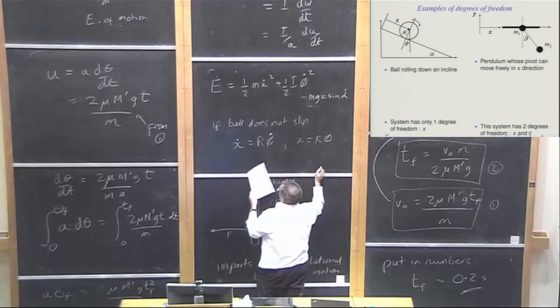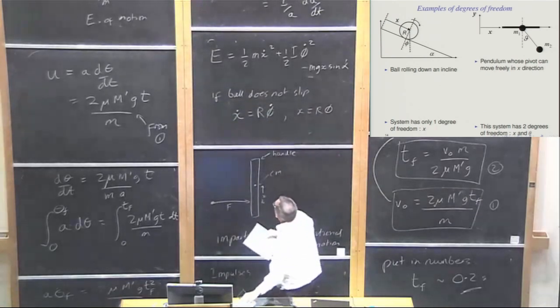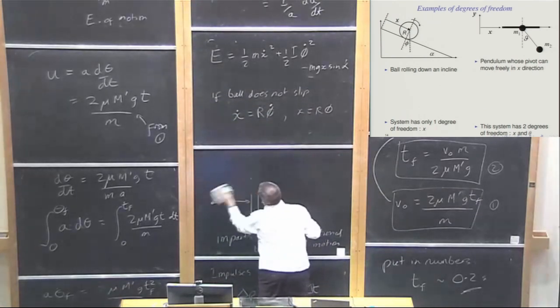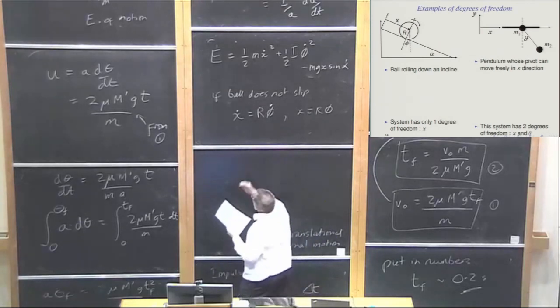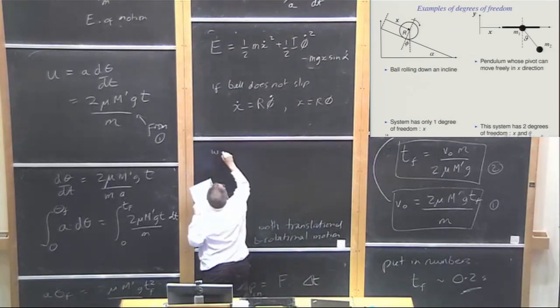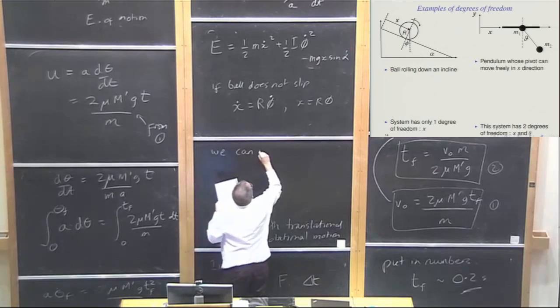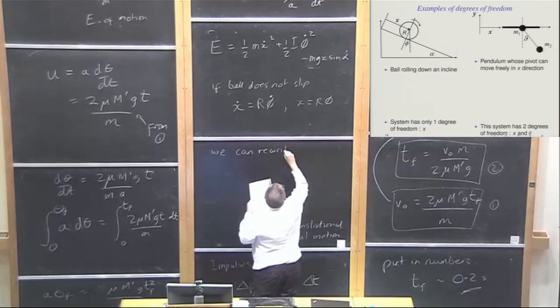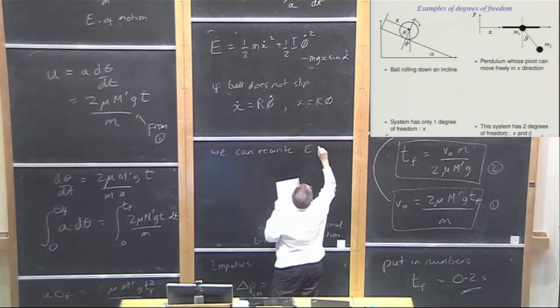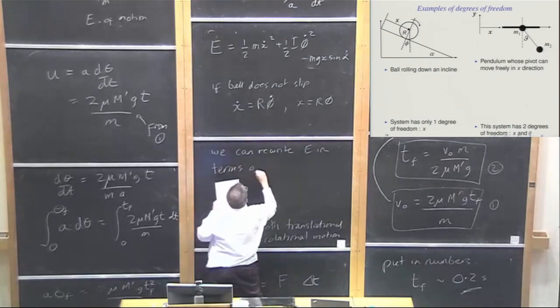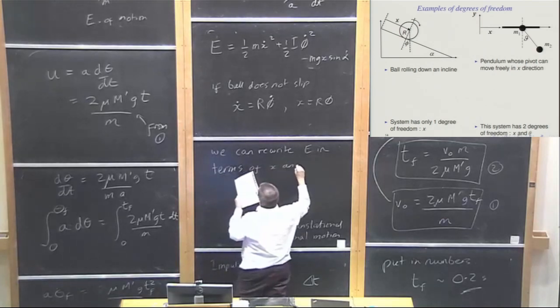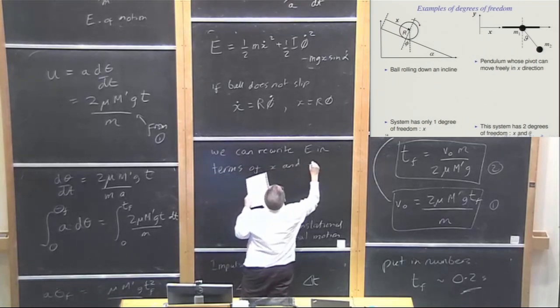So we can then, I won't actually do it, rewrite E in terms of x and x prime, okay?